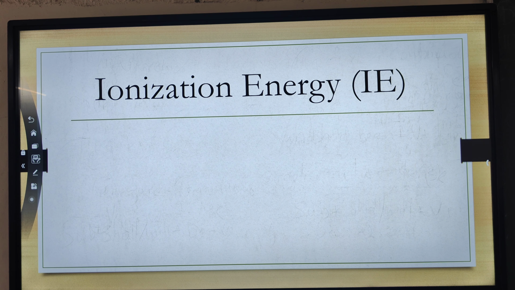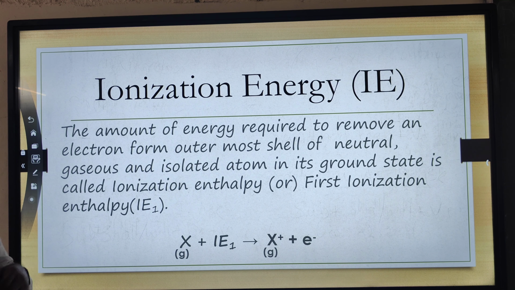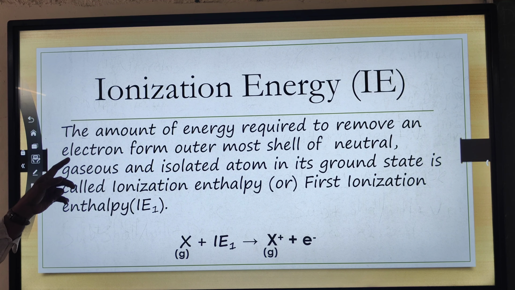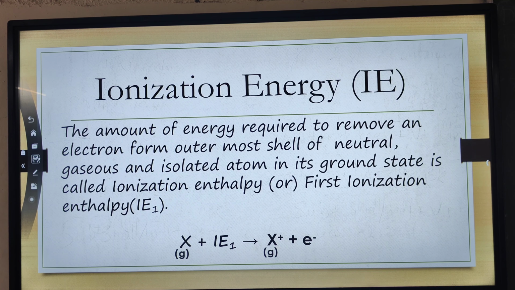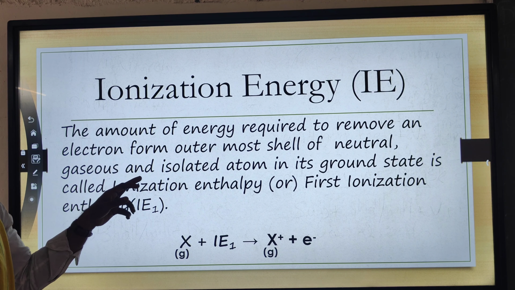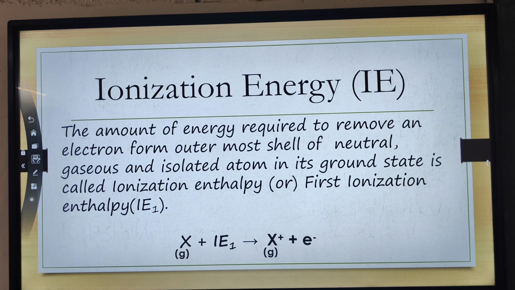Ionization energy is the amount of energy required to remove an electron from the outermost shell of a neutral, gaseous and isolated atom in its ground state.